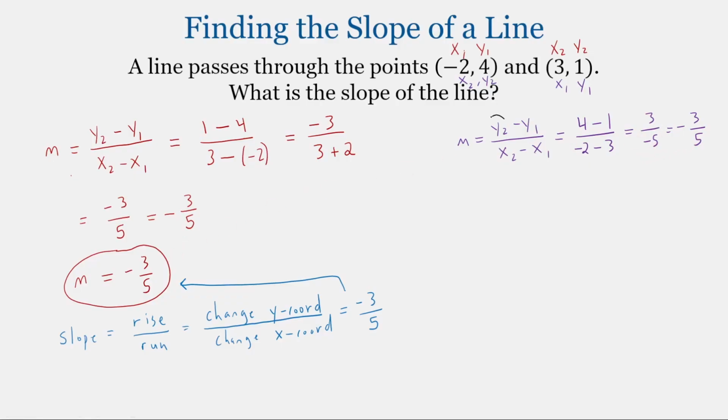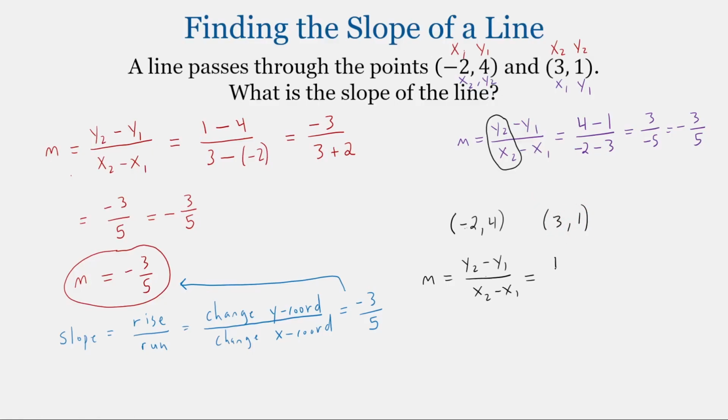What matters is that x sub 2 and y sub 2 are from the same point. Let's see what happens if we grab the points wrong, if we set up this problem incorrectly. Again, we have a slope equal to y sub 2 minus y sub 1 all over x sub 2 minus x sub 1. And I'm going to say, okay, 1 is y sub 2.